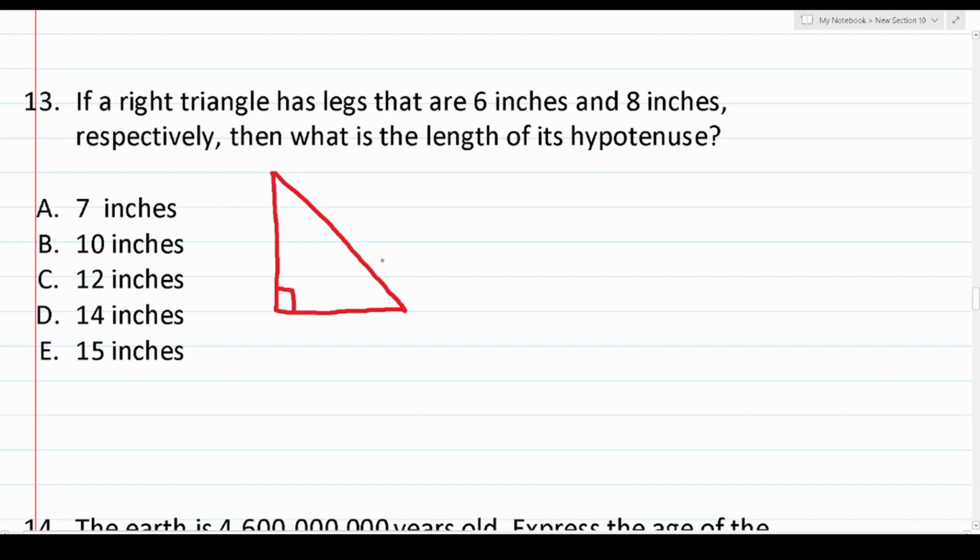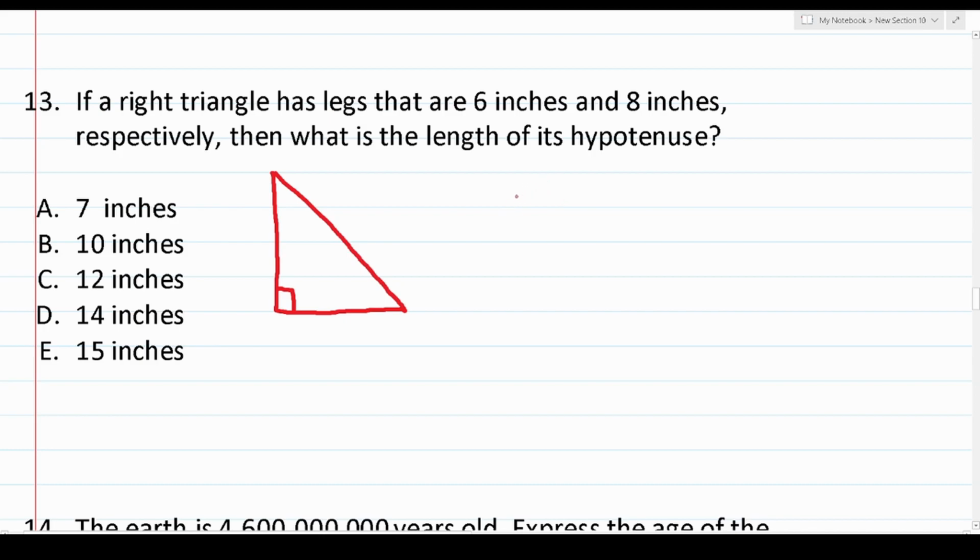Similarly, using the Pythagorean Theorem, you can always find either the measure of a leg of a right triangle or the hypotenuse as long as you have 2 of those 3 things. So in this case, we have 2 legs, and in light of that, we can find the length of its hypotenuse.